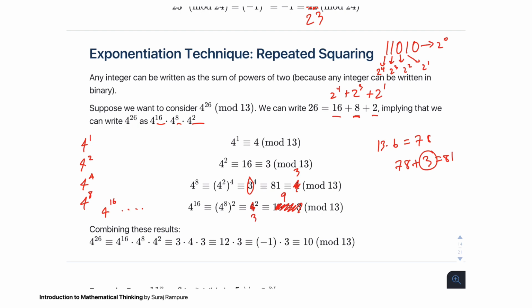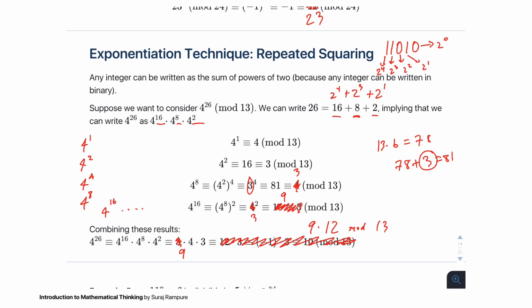Is that clear? So our final result should now look like 4 to the 16 times 4 to the 8 times 4 squared. So it should be 9 times 4 times 3, right? So all of that's irrelevant now. But now my expansion looks like 9 times 12 mod 13. Can someone simplify that quickly for me?